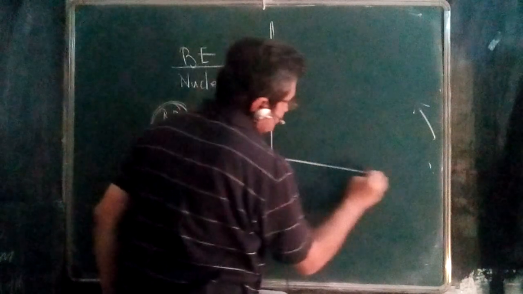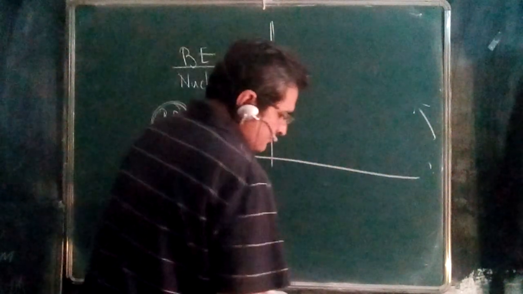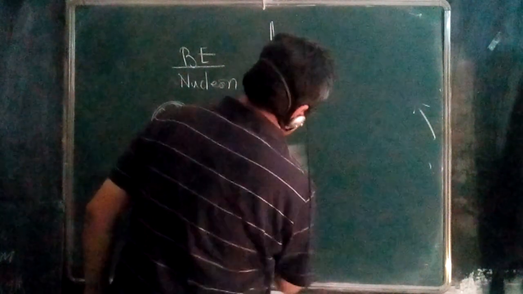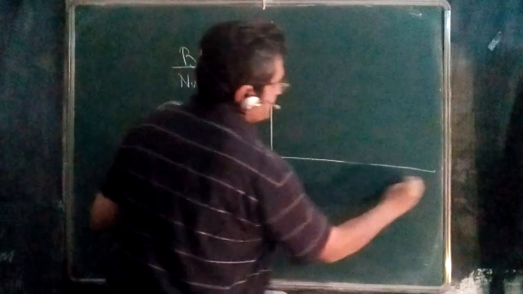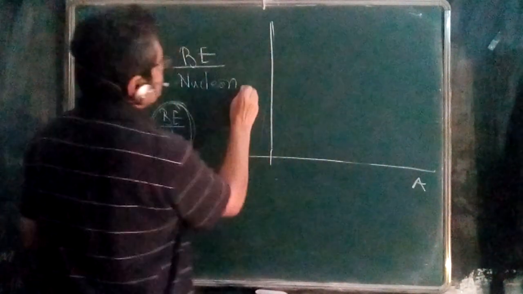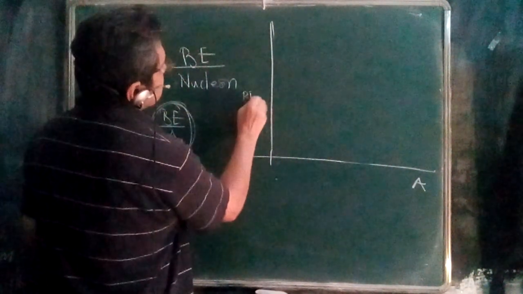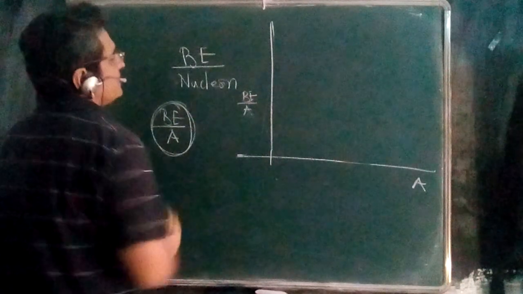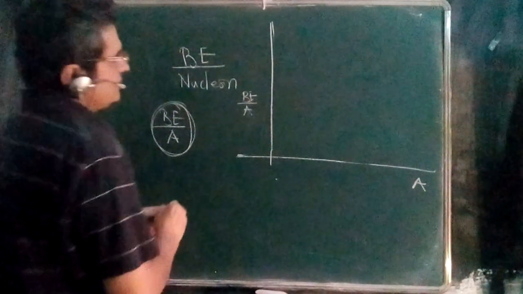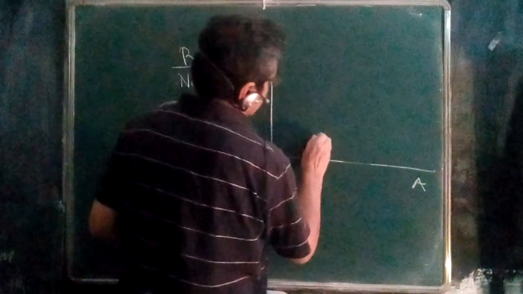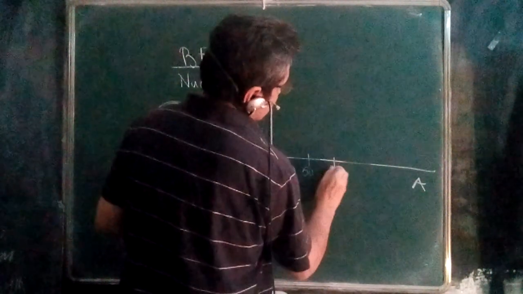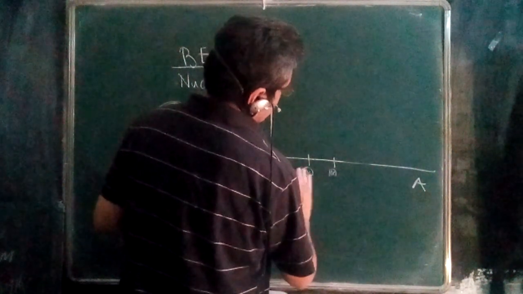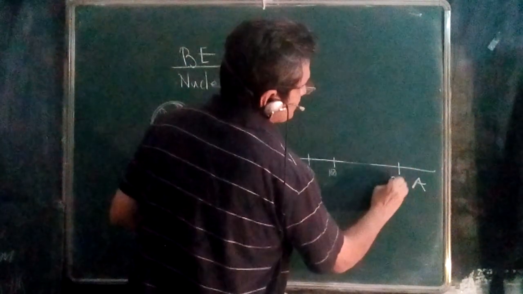So when the graph is plotted showing the mass number, this is mass number A, and this is binding energy per nucleon, that is, binding energy per mass number. Here somewhere I show 50, here somewhere 100, and here say 200.